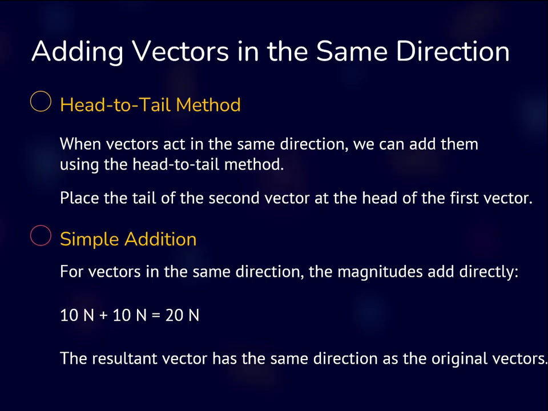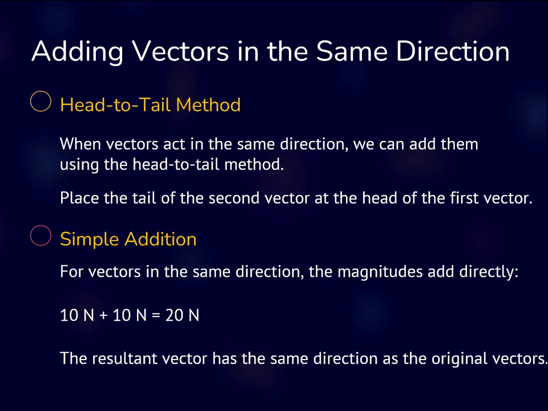Imagine one runner pushes a sled with 10 newtons of force, and a second runner joins in, pushing with another 10 newtons in the same direction. We can place one arrow with its tail at the start, then place the second arrow's tail at the head of the first.